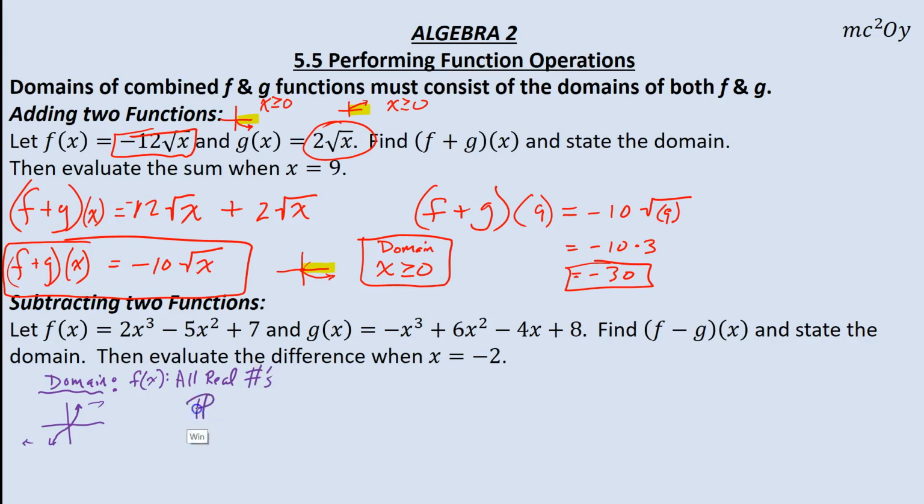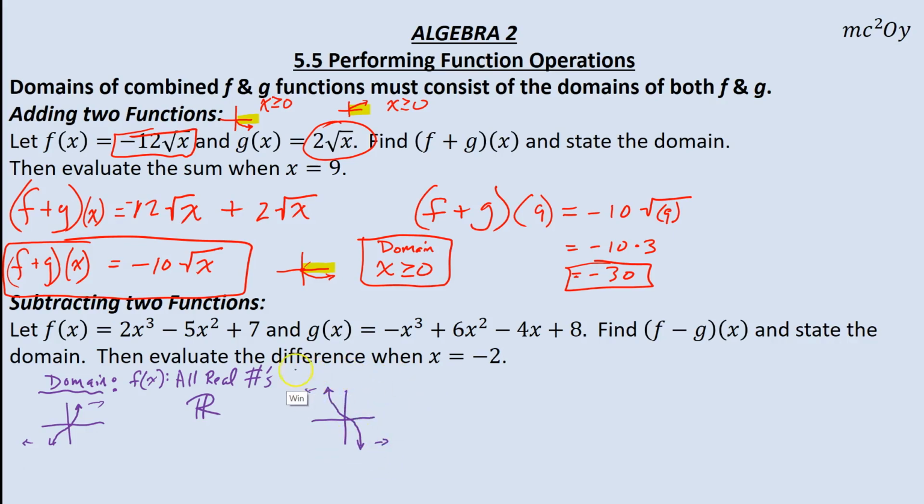Okay, and I'm going to write that like that. Well, when I look at this one for g of x, g of x now does this, right? Not the best picture ever, but I think we get the point. It does something like that. And once again, it's extending that way forever and that way forever.